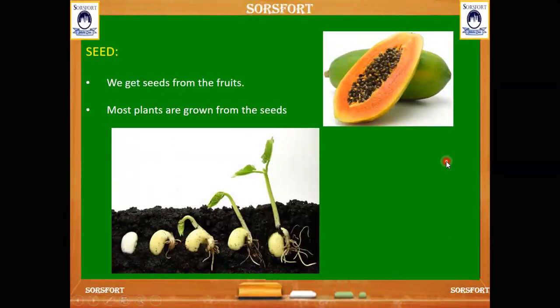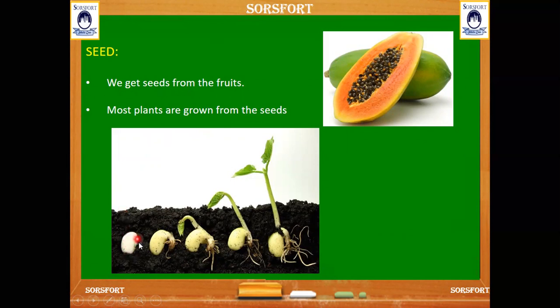And next we can discuss seeds. Seeds are the part of the plant which we get from the fruit. Where will be the seeds? Inside the fruits. Here you can see the papaya having multiple seeds. Most plants are grown from seeds. How are most plants grown?